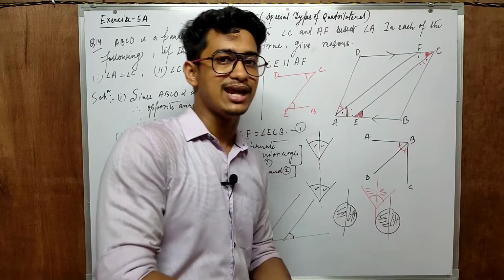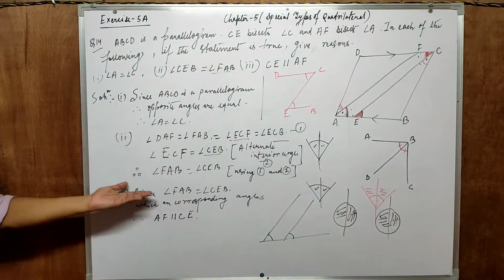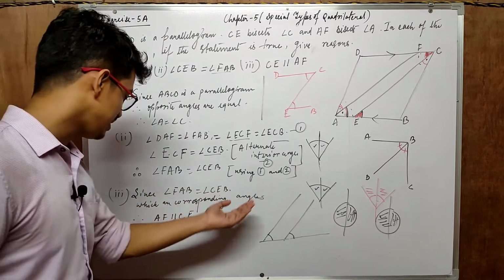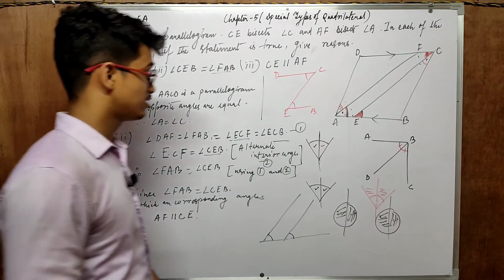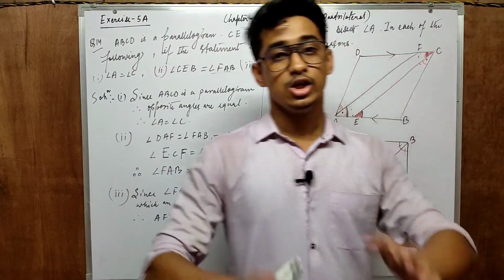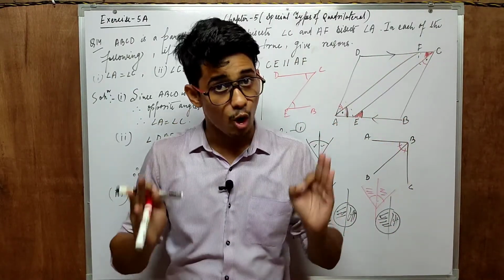But if it is given that the corresponding angles are equal, then lines are parallel, which I just did. Since FAB equal to CEB, which are corresponding angles, therefore AF parallel to CE. So I hope now question number 14 is clear to all of you.